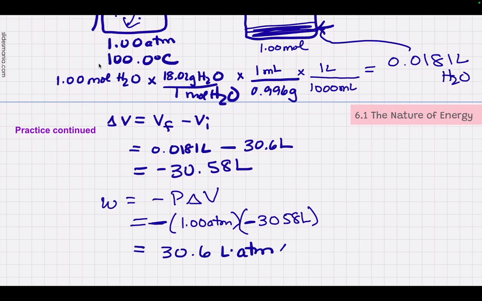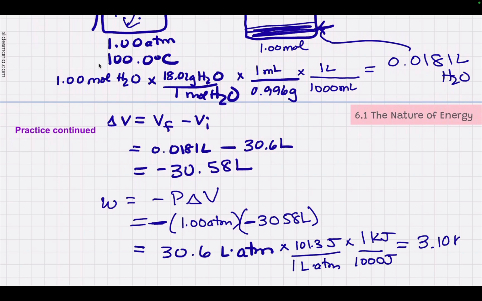So I'm going to use the conversion: 101.3 joules are in 1 liter atmosphere. And then 1,000 joules in a kilojoule. So I get 3.10 kilojoules of work were done on the gas to turn it into a liquid.